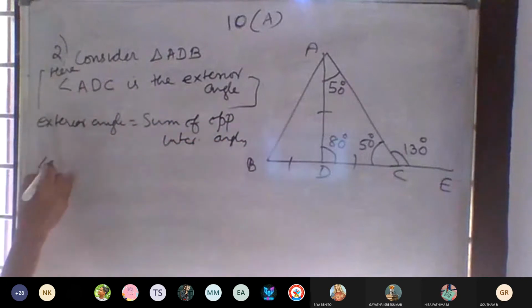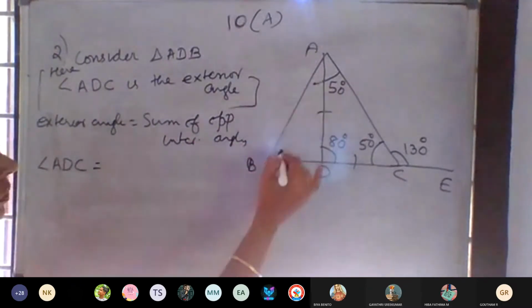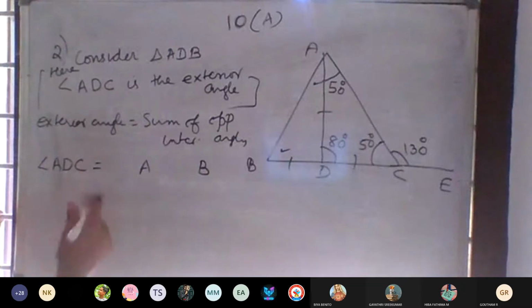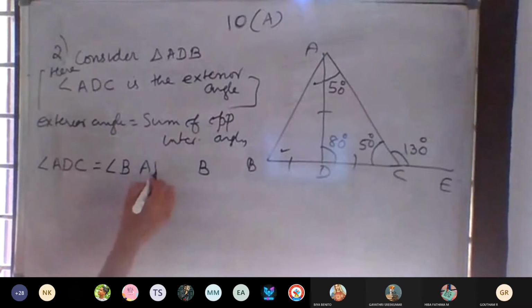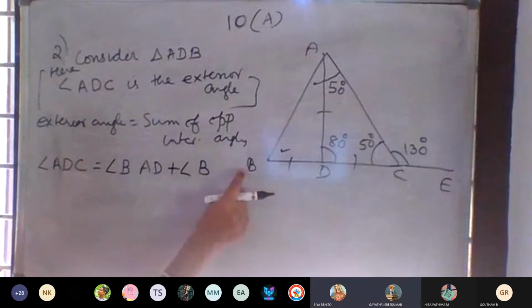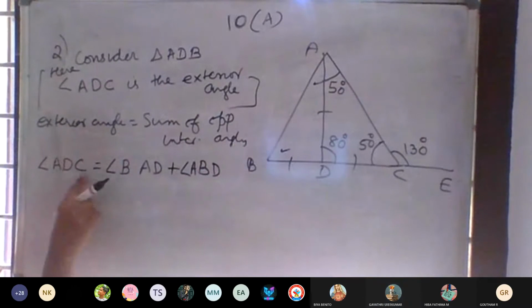So the exterior angle, angle ADC, is equal to these two angles, A and B. Considering triangle ADB, the remaining two vertices: angle BAD plus angle ABD is equal to angle ADC.